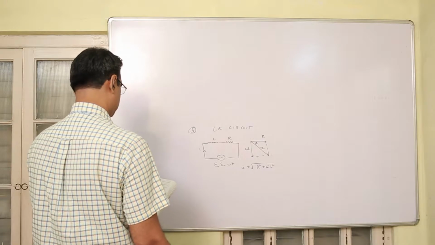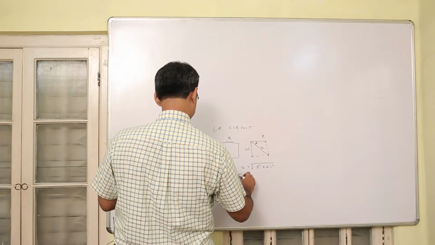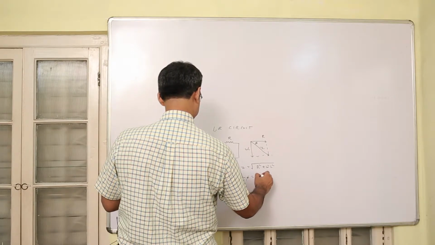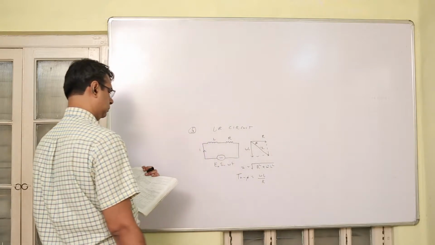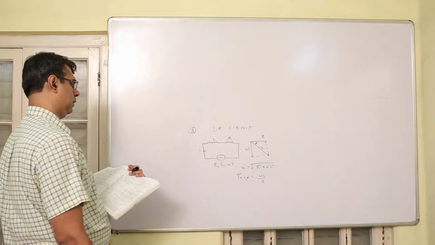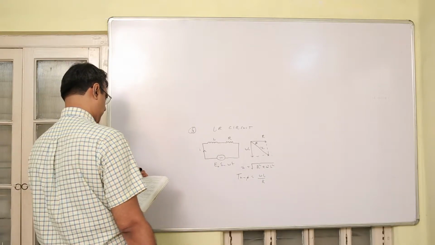So Z is equal to root over R square plus omega square L square. And the phase angle phi can be found by the equation tan phi equal to omega L by R.